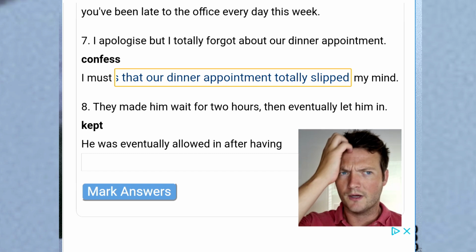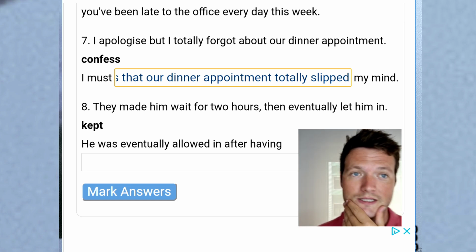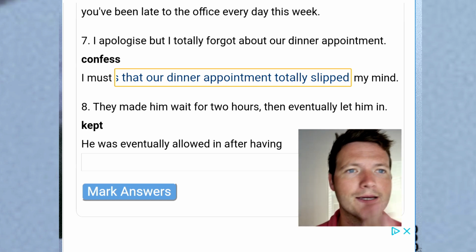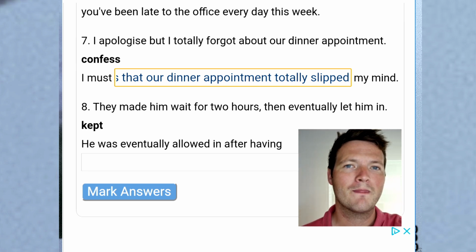Or completely slipped my mind, I think is more common, but as they say totally in the first sentence, I'm going to say totally in the second sentence, and I stand by it. I think it's correct, even if, well, we'll see.